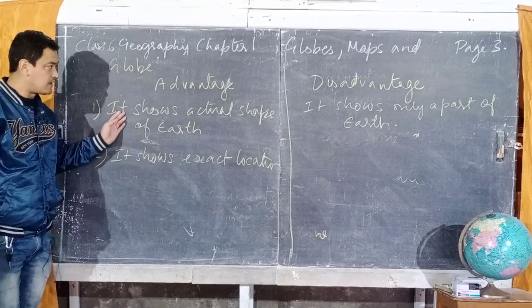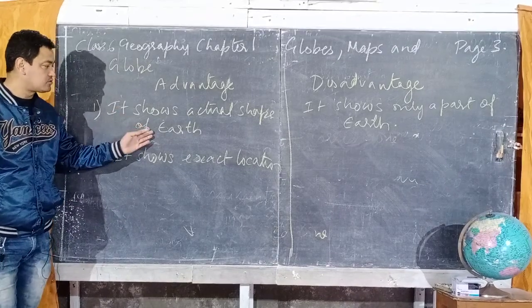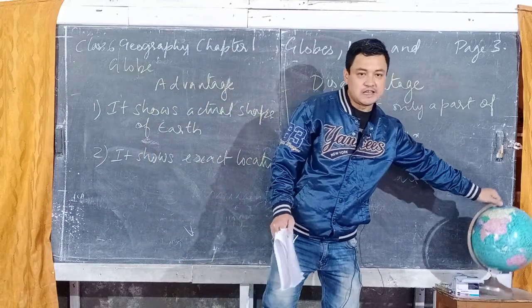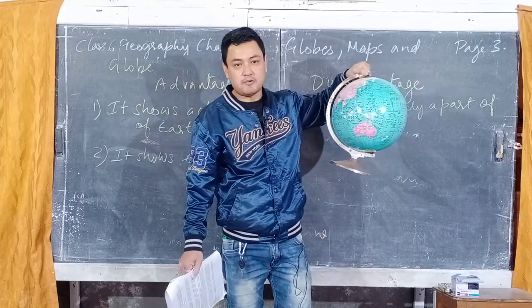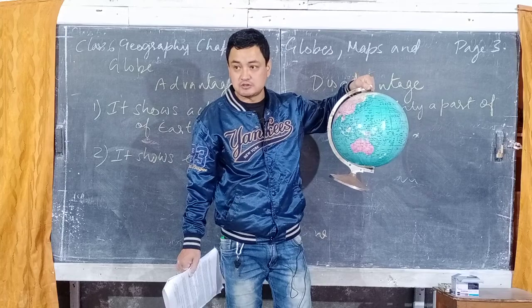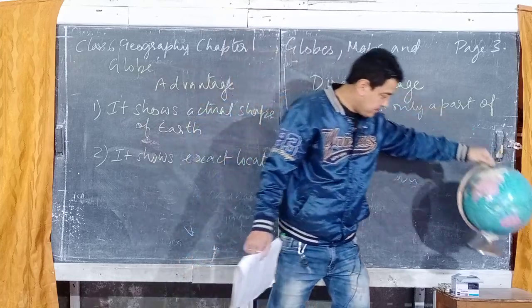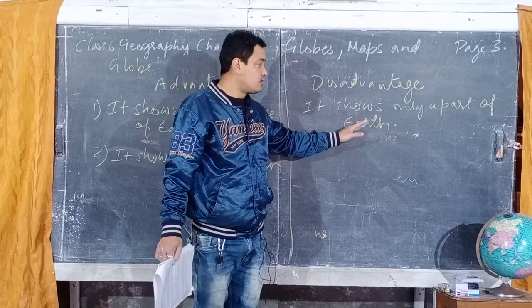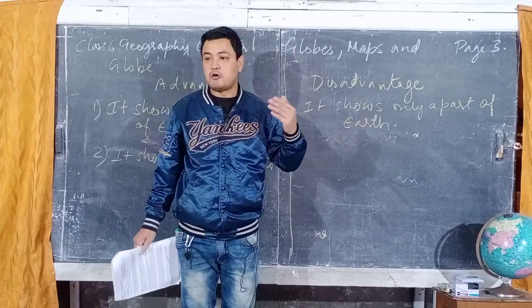Now if you look at the blackboard, you'll see it shows the actual shape of the earth. It shows the actual shape of the earth, which is a spherical shape, which is also known as geoid shape. But if you look at the other side, in the disadvantages, it shows only a part of the earth because it shows only continents and oceans.